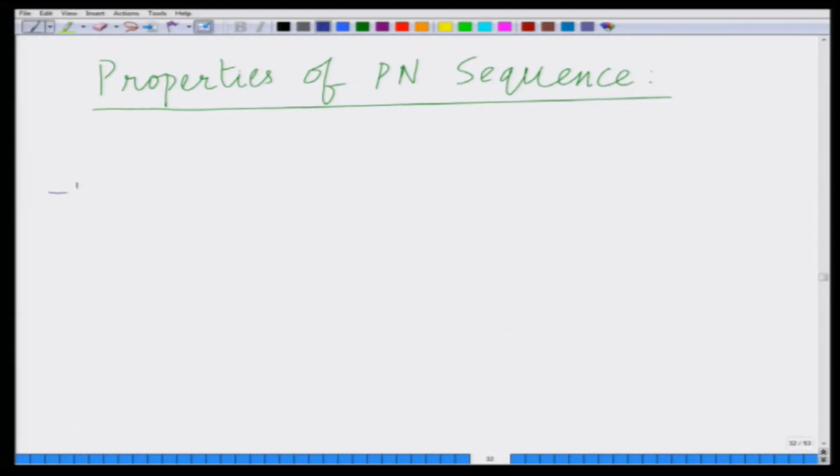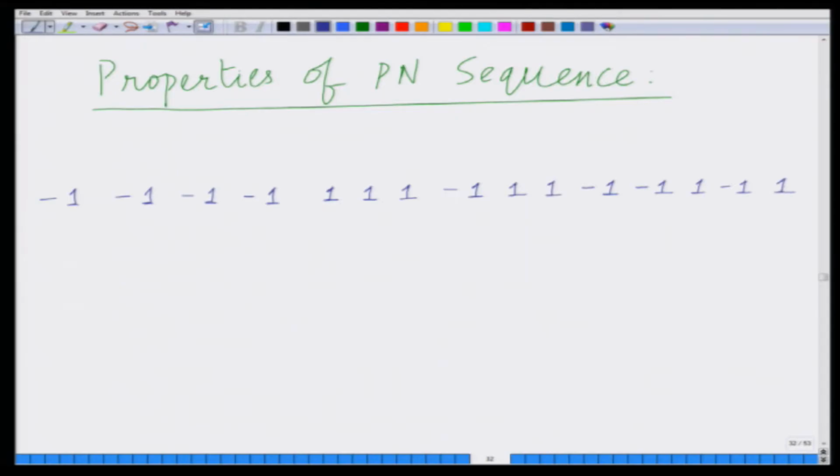This PN sequence is minus 1, minus 1, minus 1, minus 1, 1, 1, 1, minus 1, 1, 1, minus 1, minus 1, 1, minus 1, 1.